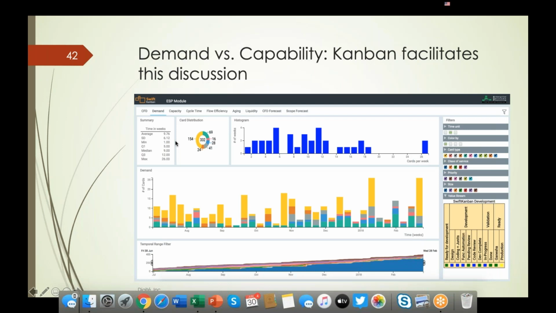So again, it depends on the context. I think we have seen this discussion happen multiple times. Firstly, in Swift Kanban, for example, there is a feature called minimum WIP limit.